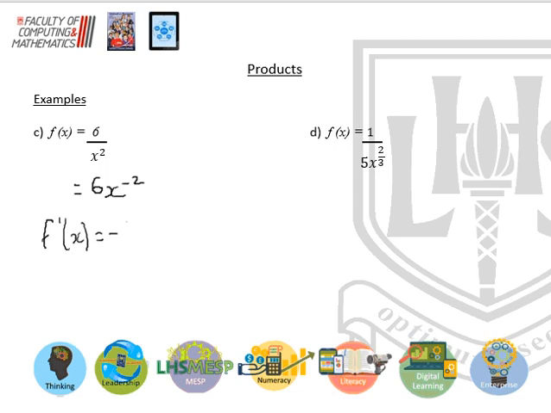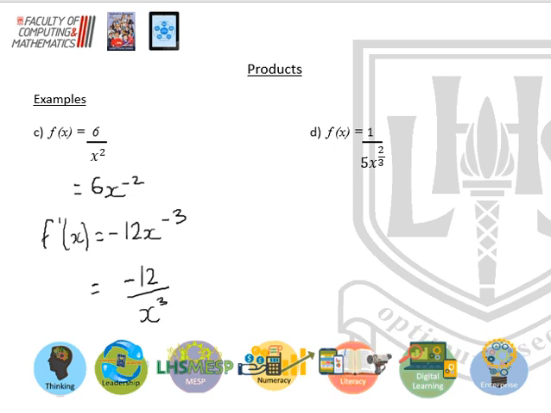Okay, so in negative 12, x, decrease your power by 1 makes it negative 3. Okay, and then that x to the power negative 3, that negative power means it should be on the bottom. Now that power is only connected to the x, so only the x moves down to the bottom. So it's minus 12 over x cubed.